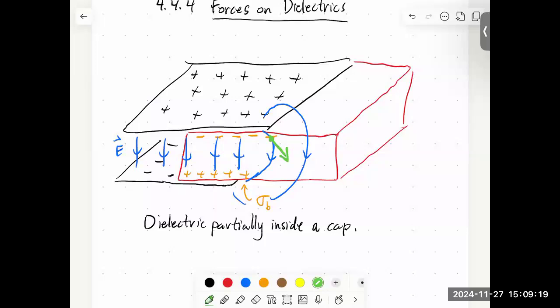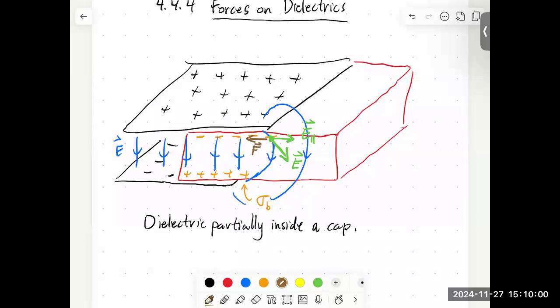I don't really care about the perpendicular component. I'm going to care about the parallel component. So this is E parallel. If this parallel component interacts with this part of the bound charge, it's going to exert a force on it. That force will be into the capacitor because this is where our negative bound charge is. And so we have a force that tends to push that dielectric into the capacitor plates.